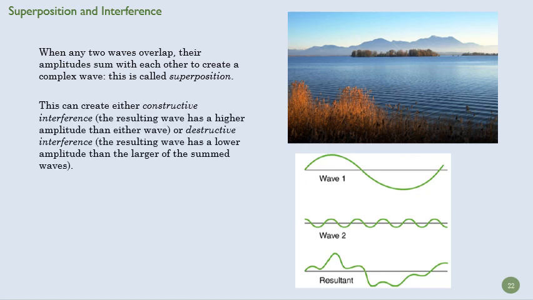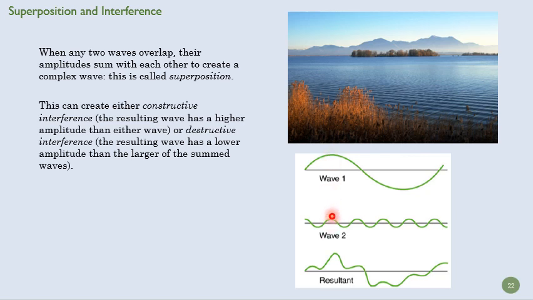We can either have constructive interference, where we add the resulting wave and we get a higher amplitude, or we can have destructive interference, in which we end up with a lower amplitude. So if we look at this wave here, wave 1 interferes with wave 2. We superimpose them, we add them together, and you can see that, say, at this point, we're getting constructive interference.